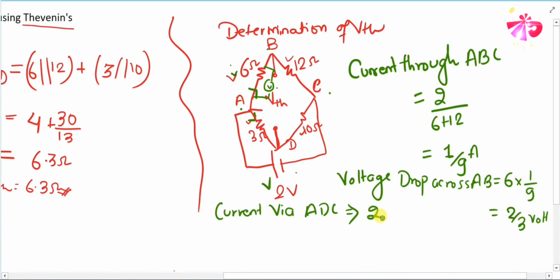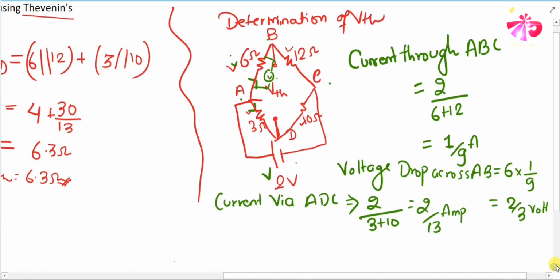That's why the voltage is the same in parallel. So it will be 2 volt, and the resistor will be 3 plus 10, because in this branch the resultant resistor is 3 plus 10, which are in series. So the total current flowing through ADC will be 2 upon 13 ampere.